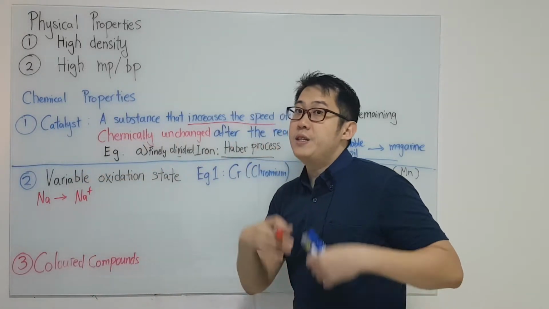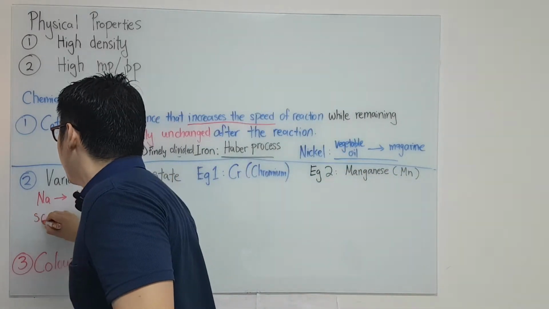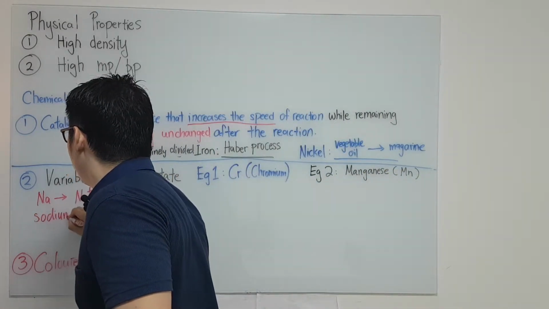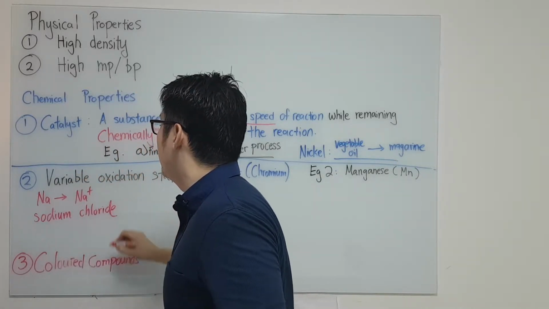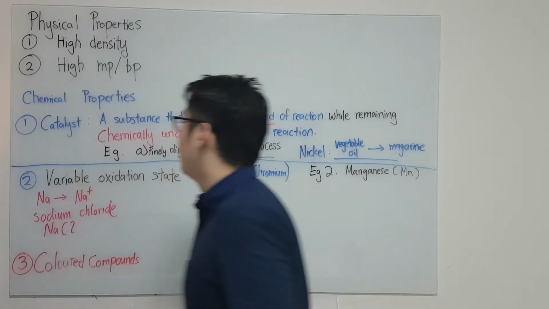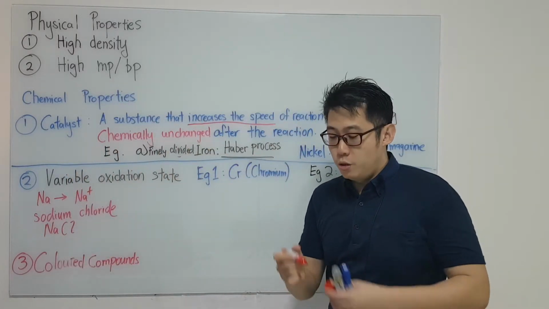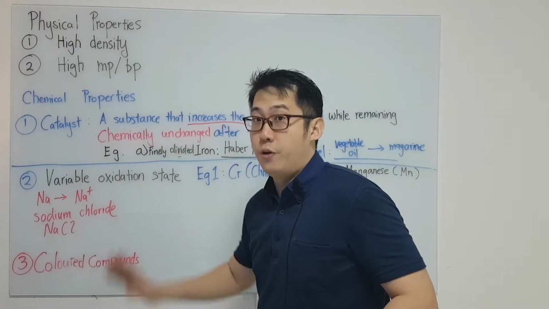So as a result of this, the salt that they form, for example, sodium chloride, we will write this as sodium chloride. It's written as NaCl.